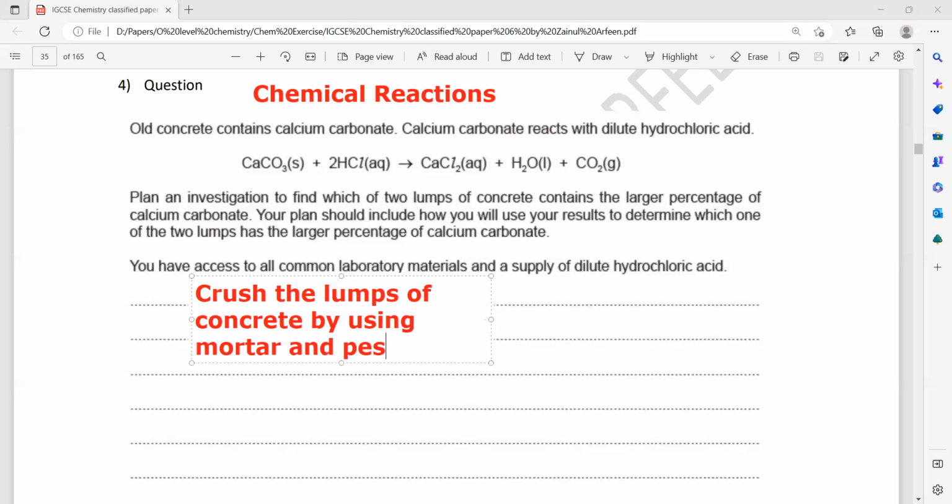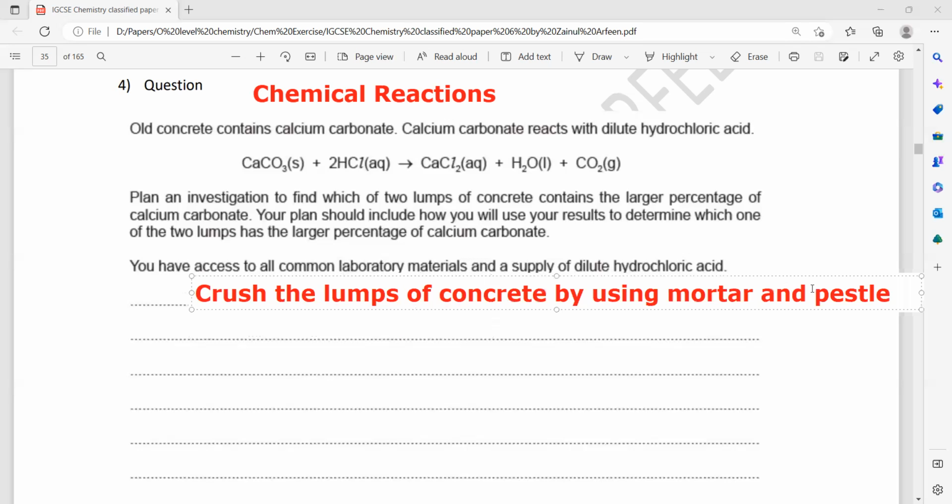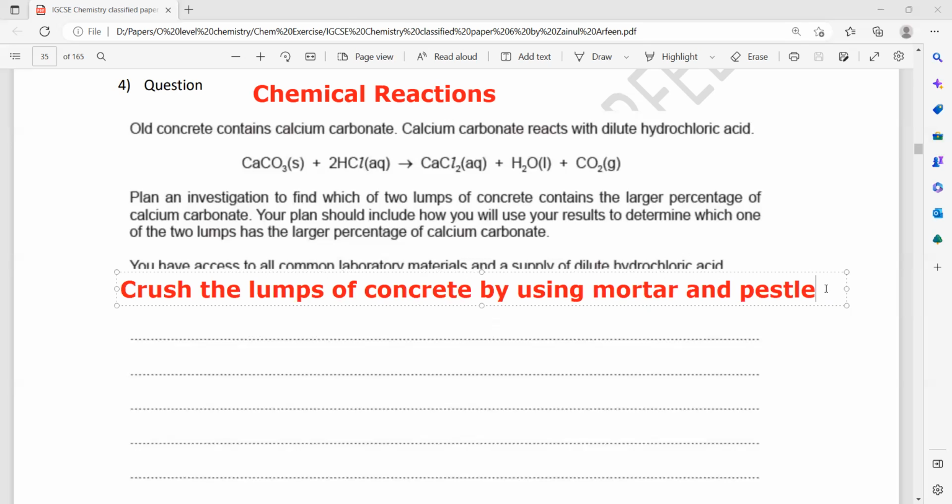Add into a conical flask and add excess dilute hydrochloric acid. After crushing, we measure the mass. Because we have two lumps of concrete, we have to find which one of the two lumps. So you can mention, take the first sample and then the second sample.